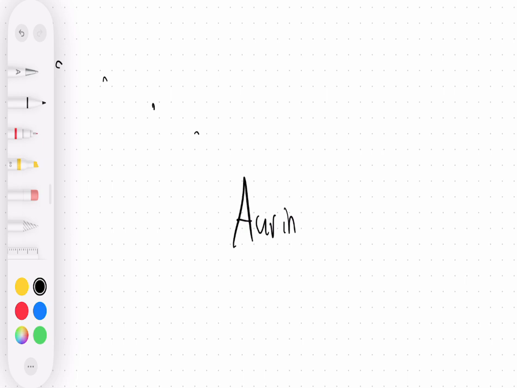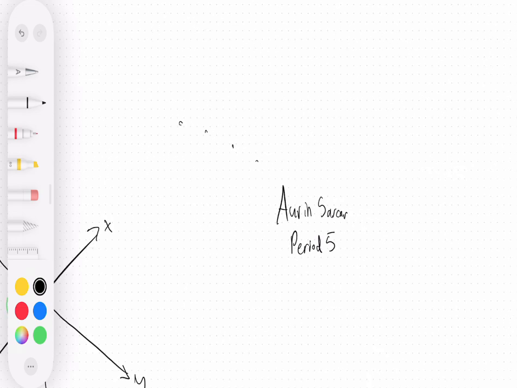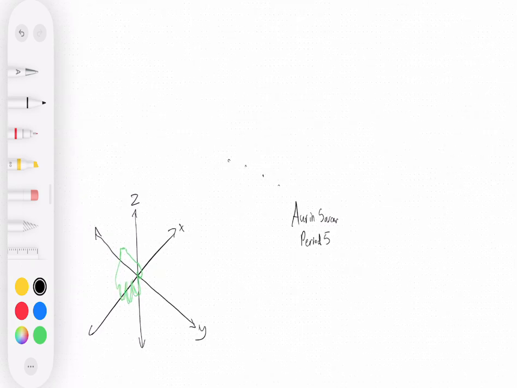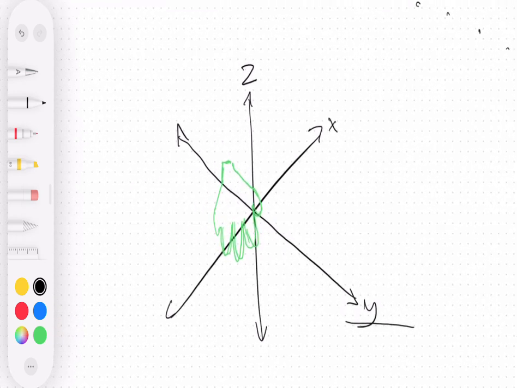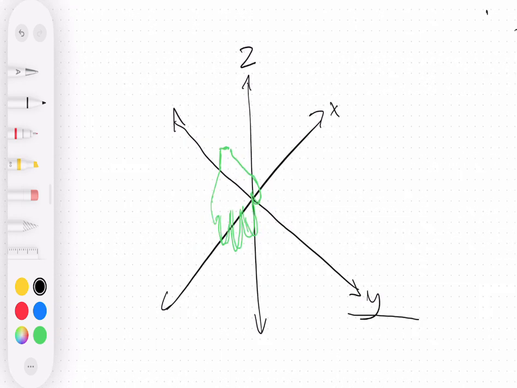I'm Aurin Sarcar from period 5, and I want to talk about how linear systems can be used to represent 3D vectors in a computer. I think linear algebra is at the core of computer-generated 3D displays, and every polygon in a 3D object can be represented as the intersection of some number of vertices, which can be treated pretty much as vectors.